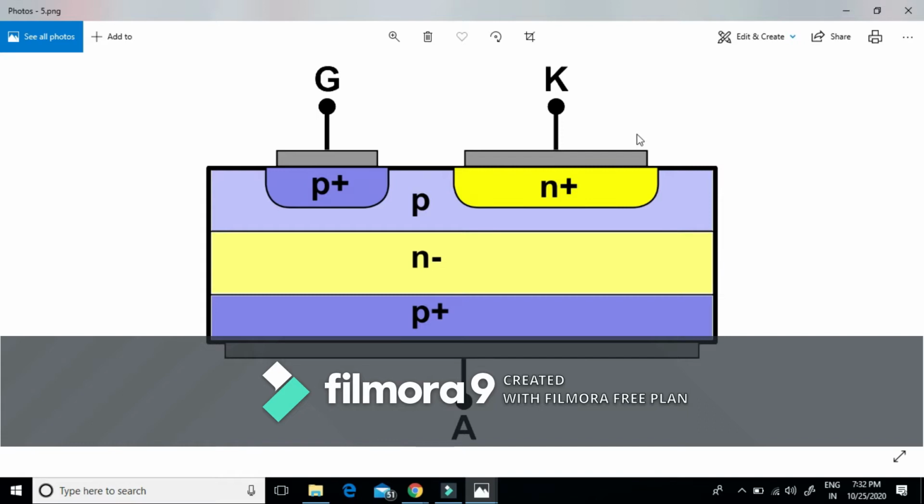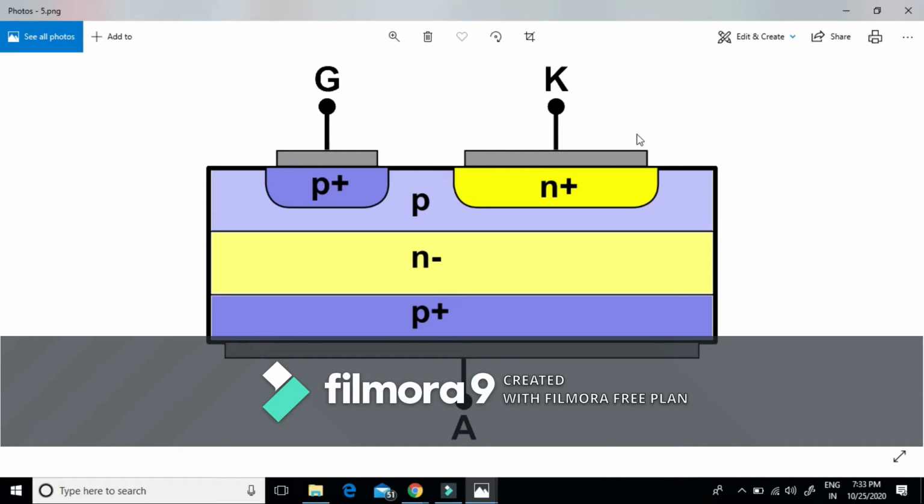Or we can say during turning on of GTO, to attain 1000 ampere of anode current, we require 1 ampere of gate current, whereas during turning off of GTO, for attaining 1000 ampere of anode current, we require almost 200 amperes of gate current. That's why I am saying that the current gain is no better than 5 or 6.